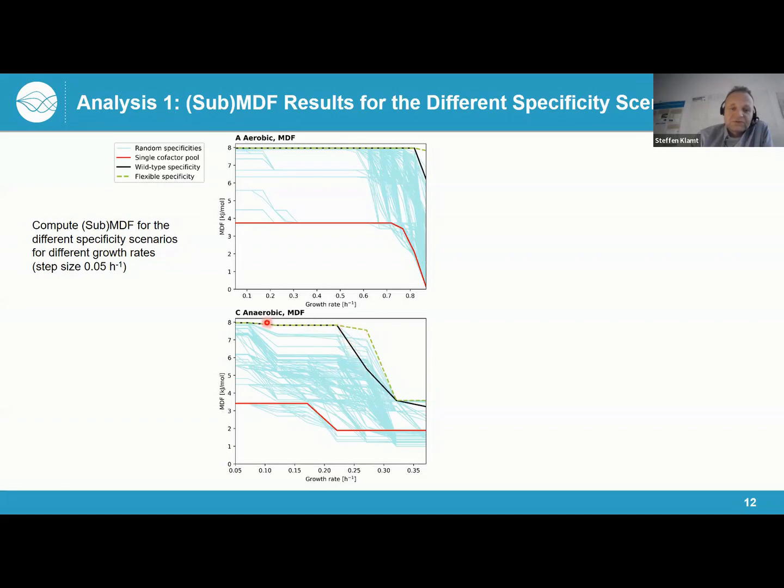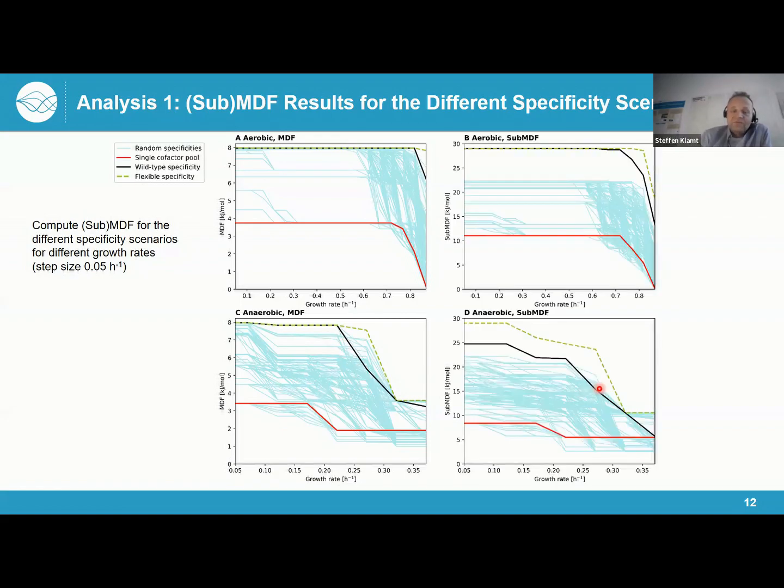But here for lower growth rates, we see that the Y-type specificity again reaches the theoretical maximum. The single cofactor pool again gets much lower MDF values, and the random specificities are in most cases between the Y-type and the single cofactor specificity scenario.